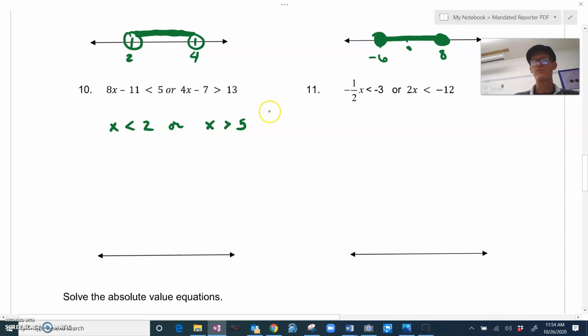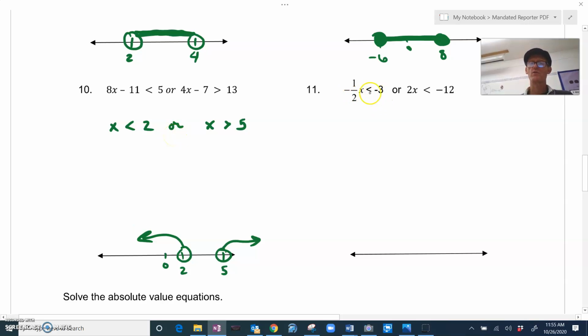All right, so it's greater than 5, which is to the right, less than 2, which is to the left, so it pushes out. So here's your 0, I guess. You could put 5 here, and you could put 2 here, and you're going to circle both of them. And you read the inequalities, greater than 5 or less than 2. And that's what the graph looks like. All the numbers to the right of 5 or to the left of 2.